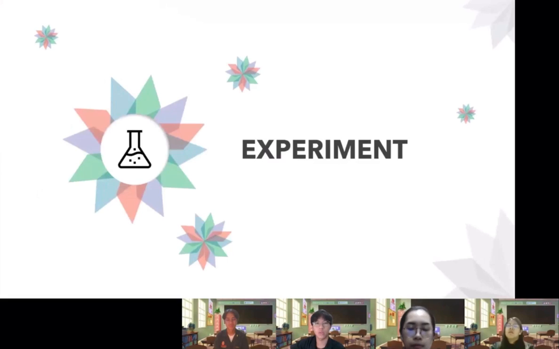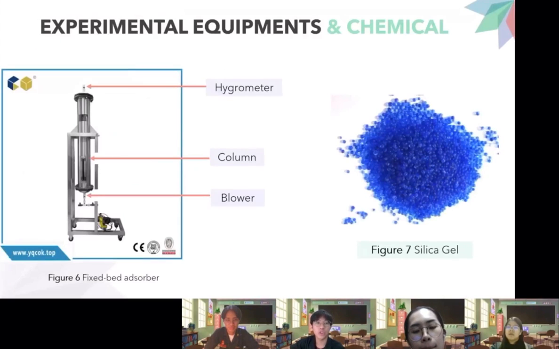Thank you. I will talk about the experiment. We need to know the equipment and chemical. This picture is the adsorption machine. It includes a blower to force air from the bottle, pass through the column, and a hygrometer at the top.